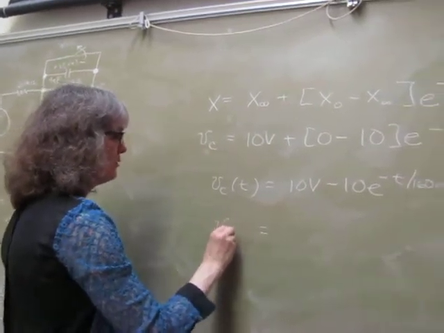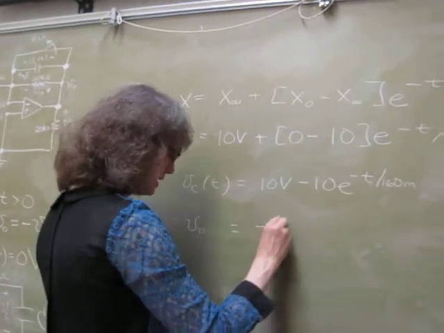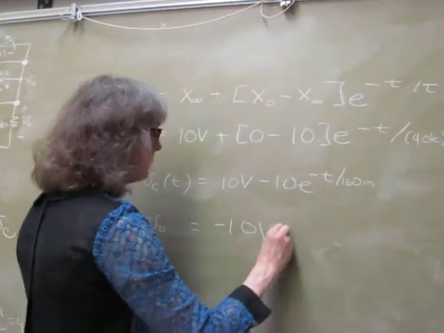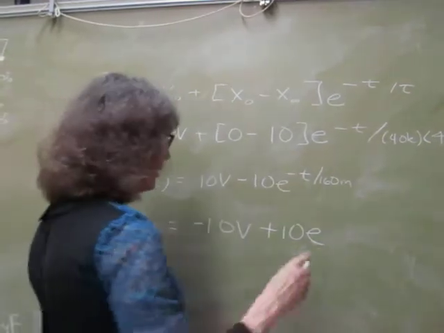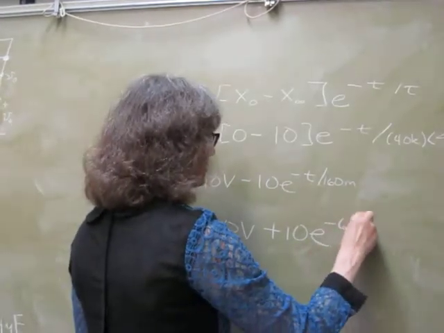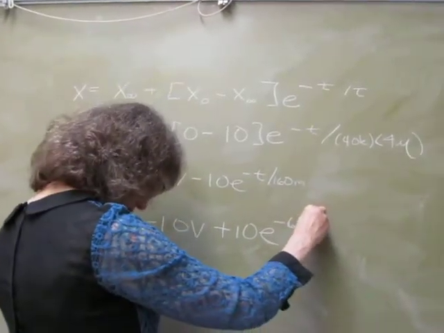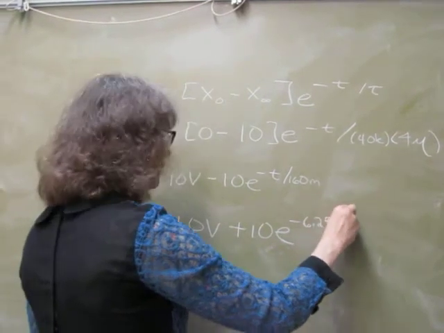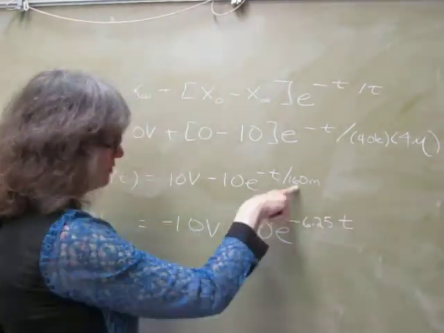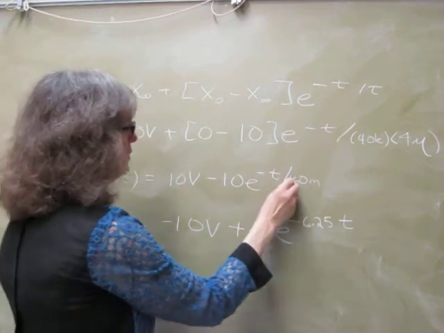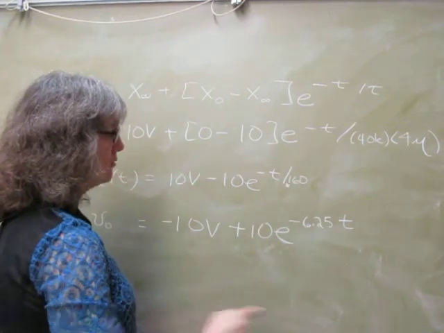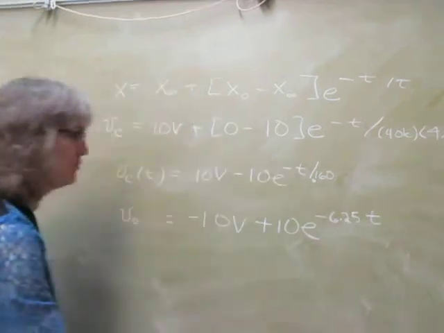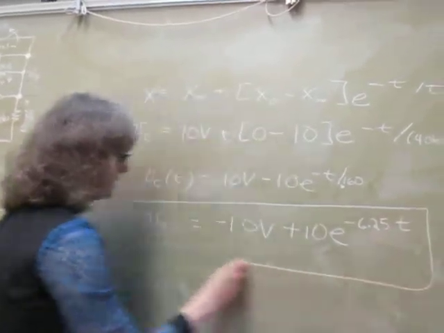And so V0 is the negative of that, so it's minus 10 volts plus 10 e to the minus 6.25 t. Because if you take the reciprocal of 0.160, you get 6.25. There's my final answer.